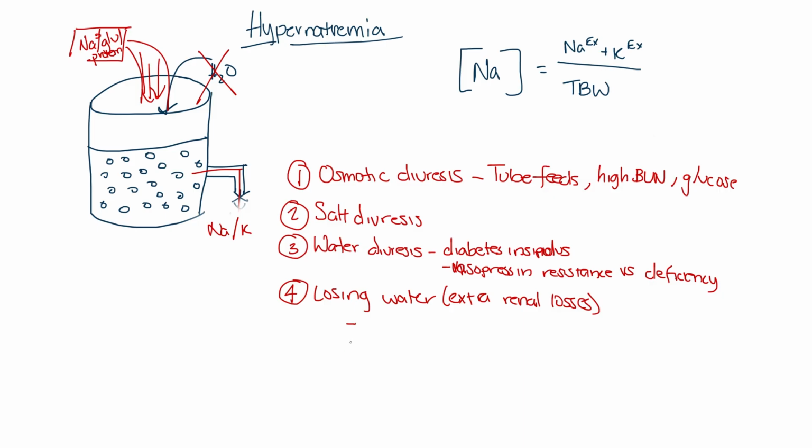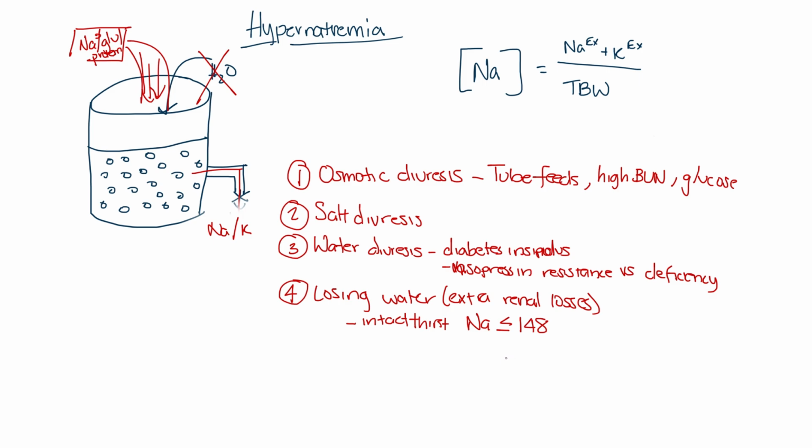Now, patients who have an intact thirst, your sodium should really never get above 148 if you are able to get water. So a person who has a sodium of 145 and above will start to say, I'm thirsty, and will try to drink water.